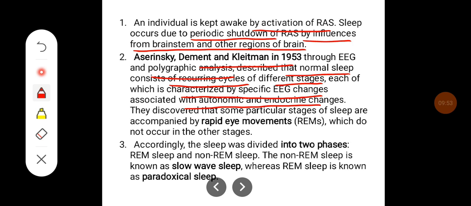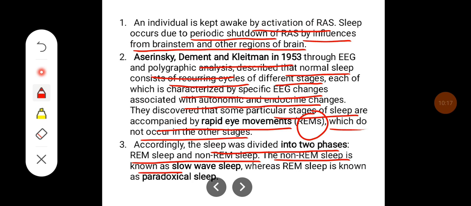They discovered that some particular stages in sleep are accompanied by rapid eye movements, which do not occur in other stages. Accordingly, sleep was divided into two phases, REM sleep and non-REM sleep. The non-REM sleep is known as slow wave sleep, whereas REM sleep is known as paradoxical sleep.